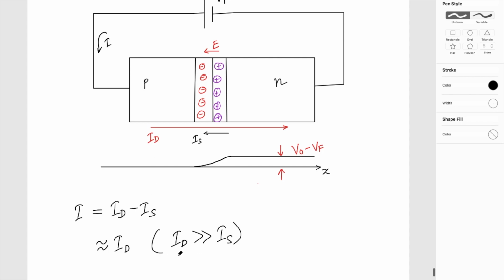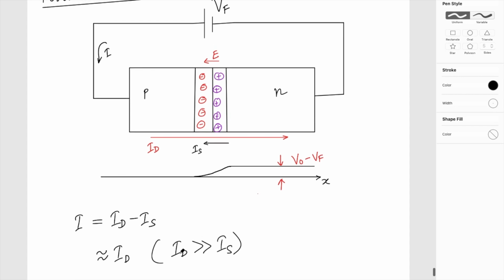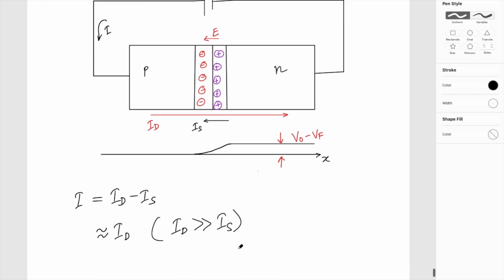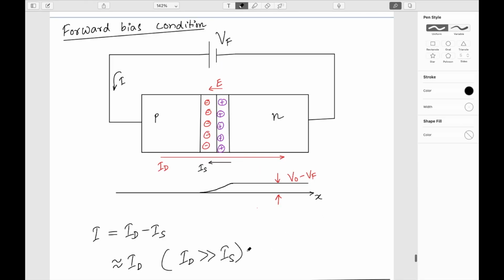In the next lecture, we'll see how we derive this ID and what the expression of this IS is. Note that this current IS is of the order of 10 power minus 12 ampere, or it can be lesser, and with a suitable increase in this VF, this ID can easily go to the milliampere range.